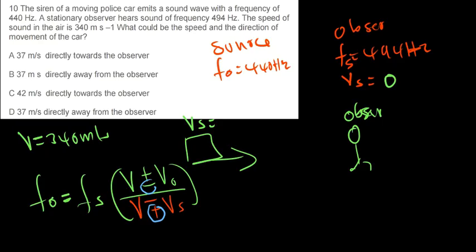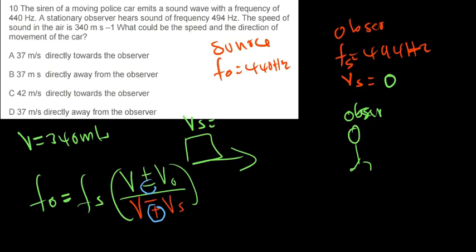Now the question is, what could be the speed and the direction of the moving car? So we are trying to find the velocity of the source. We have been told that the observer is stationary.